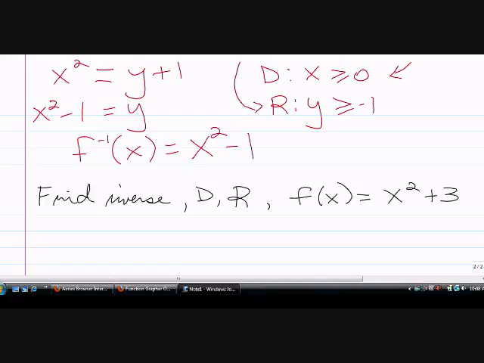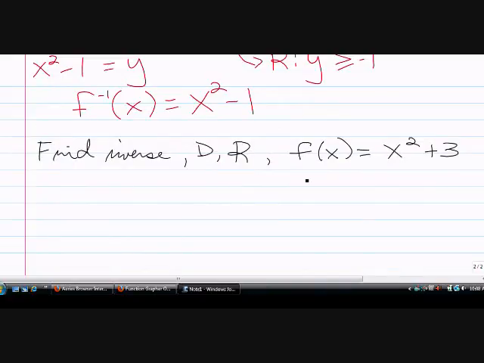Now, for a quadratic function, if I think about what this x squared plus 3 looks like, I hope I know what those look like. Got a vertex at 0, 3. Parabola opens up.